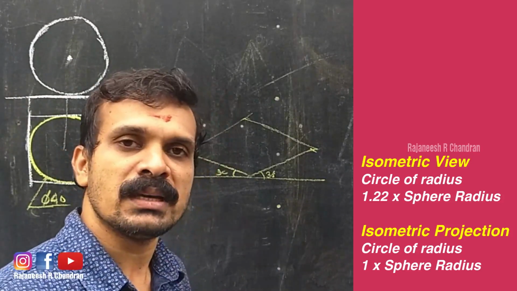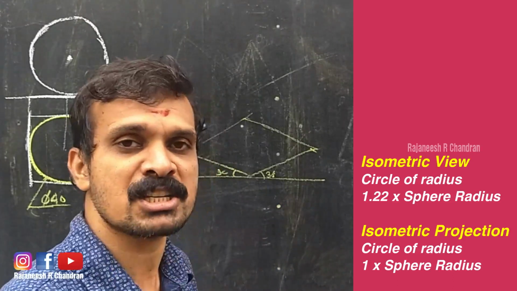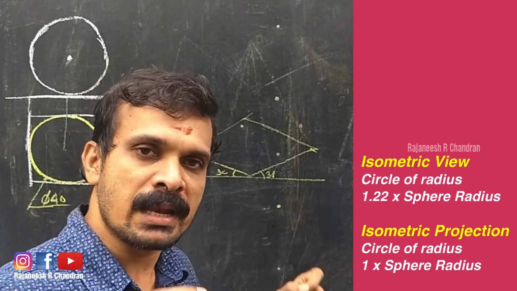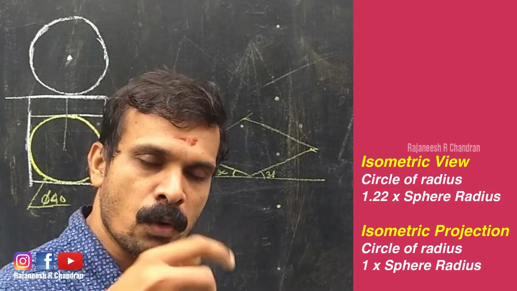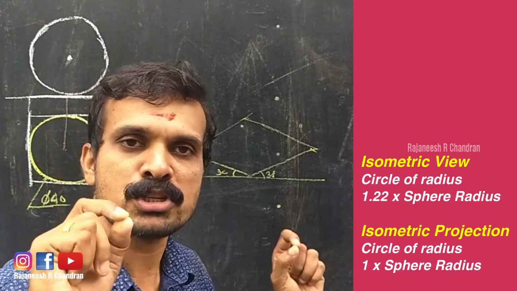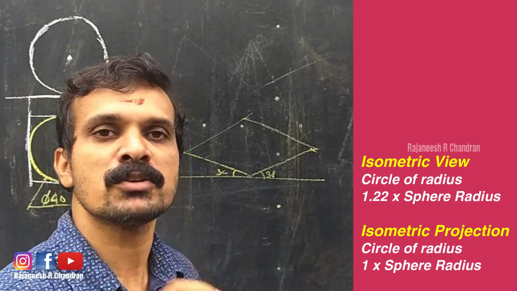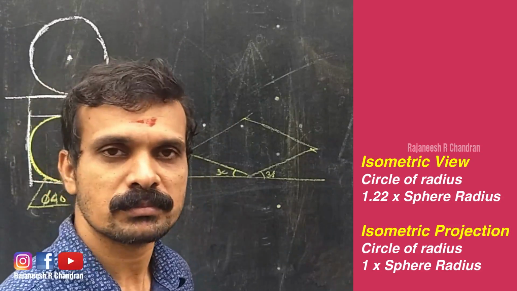And if it is 1 into r, that means for isometric projection all the dimensions will be reduced by 0.816, and by that method we complete everything up to the center position of the circle. Once you obtain the center, you have to draw a circle having a radius of 1 into sphere radius. That will be the isometric projection.